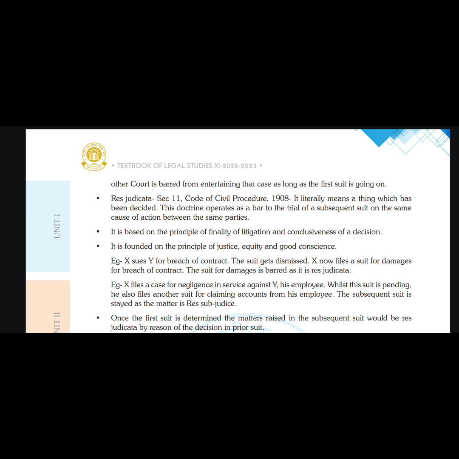Now I give you one more example to make it clear to you. You will study these in CPC in more detail, but just to clear your concept, one more example.